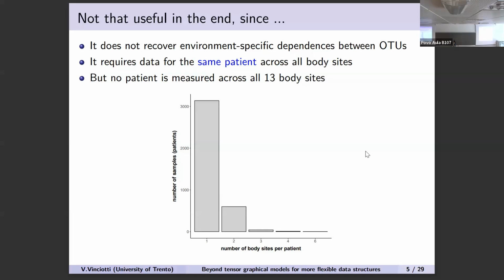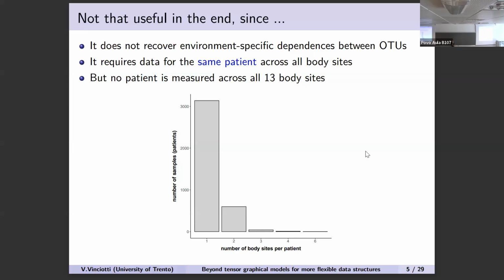But the main limitation, as far as I can see, is that these models require data where a unit, a patient for us, is measured across all these conditions. This is the main point I would like to make.